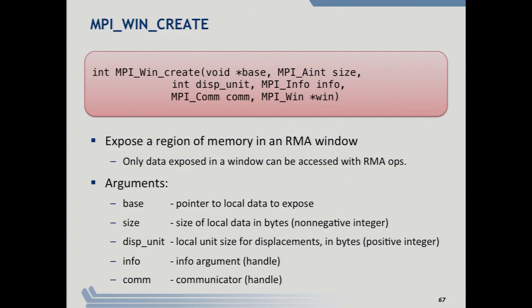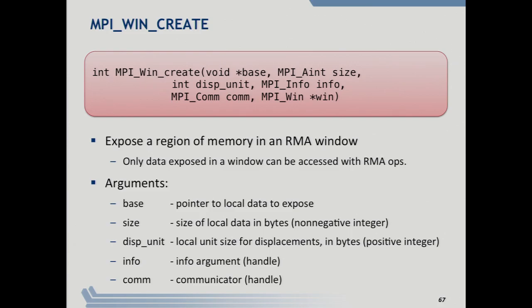The next parameter is an MPI info. So MPI info was another thing that was added in MPI 2 to provide a way to give the MPI implementation some additional information in a way that was easily extensible. So an info is a collection of key value pairs, which are all strings.